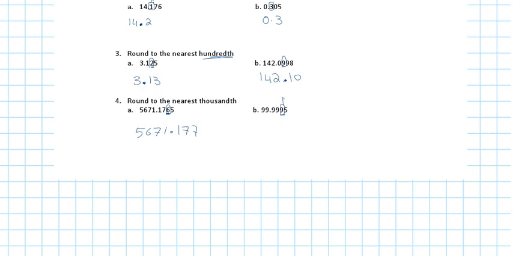So I'm going to start with 100. So that's going to be 100 point what? 3 zeros, because remember I need it to the nearest thousandth. So I need to have 3 decimal places after the decimal. So that's going to be 100.000. Is it the same as saying 100? Yes, it is. But in this case it's more accurate because I know it's accurate to the nearest 3 decimals.